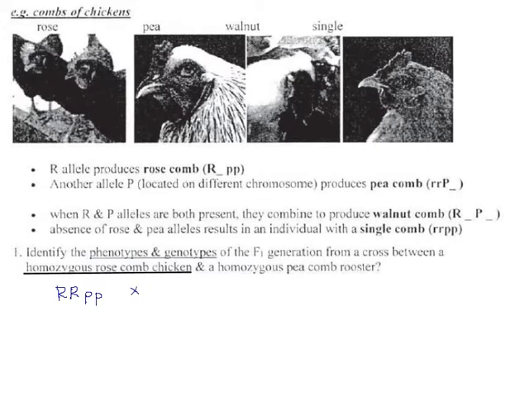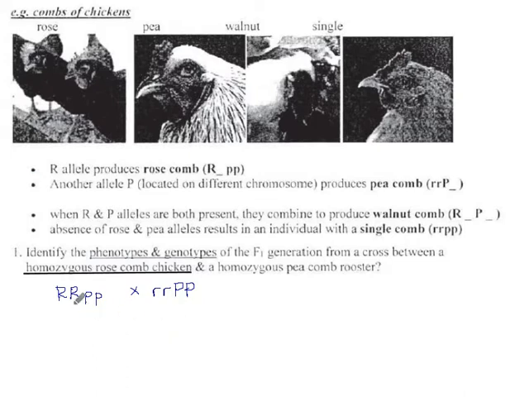And we cross that with homozygous pea comb, which they say is little r, big P. And because they use the word homozygous, I'm going to take that to mean this. If they just said rose comb and said nothing else, we'd have to write big R question mark or big R blank, and we wouldn't know what to put in this spot, but the word homozygous is helping us out here. So we know the genotypes for both of these parents.